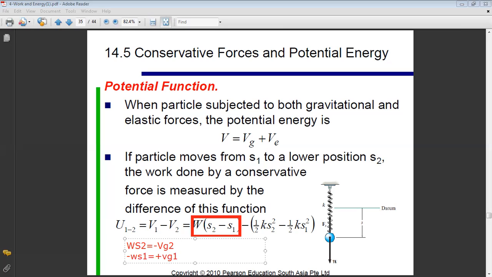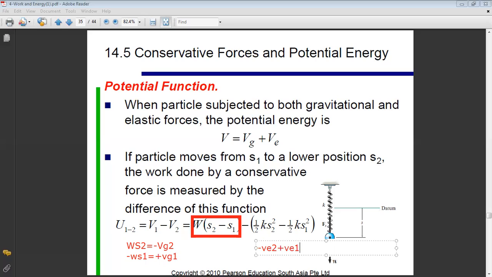Now also, if you look at the elastic term, you have minus half K S2 squared, and by definition, the elastic potential is plus half K S squared. So this term is minus V elastic at state 2 and plus V elastic at state 1.